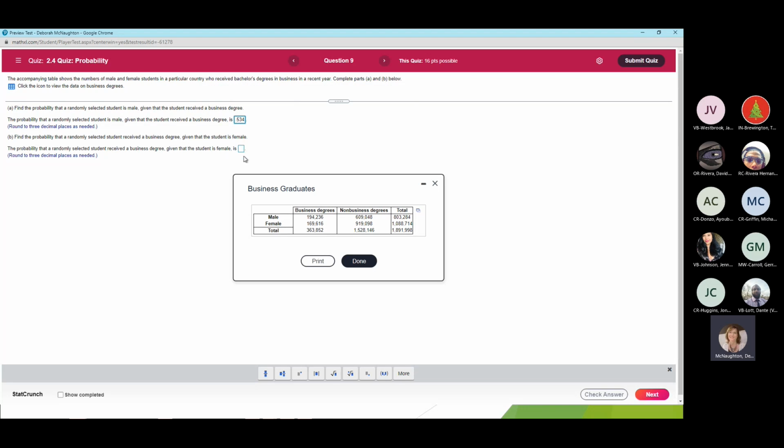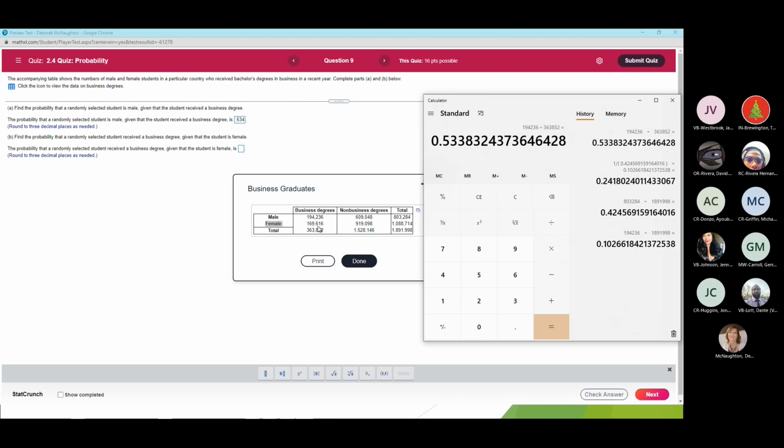And then the probability that the person has a business degree, given that the student is female. Now we only look at the females, or this row. So females with a business degree is 169,616.